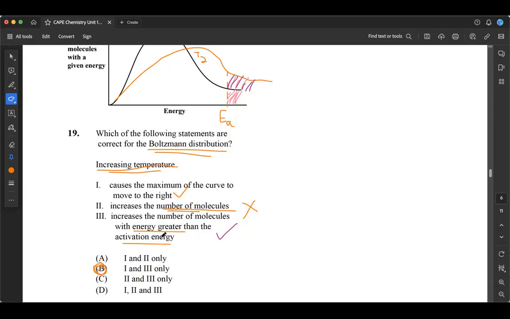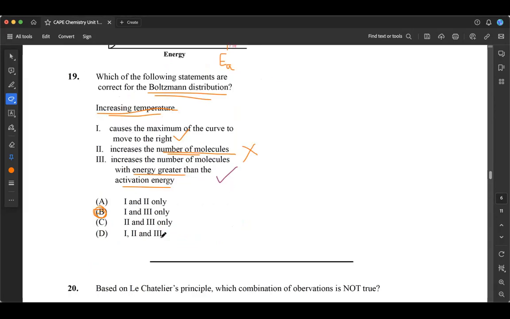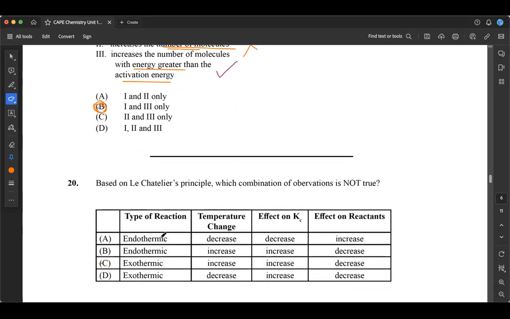All right. So moving along now to 20. So this is an interesting one. 20 is based on Le Chatelier's principle, right? Based on Le Chatelier's principle, which combination of observations is not true? What's not true, right?